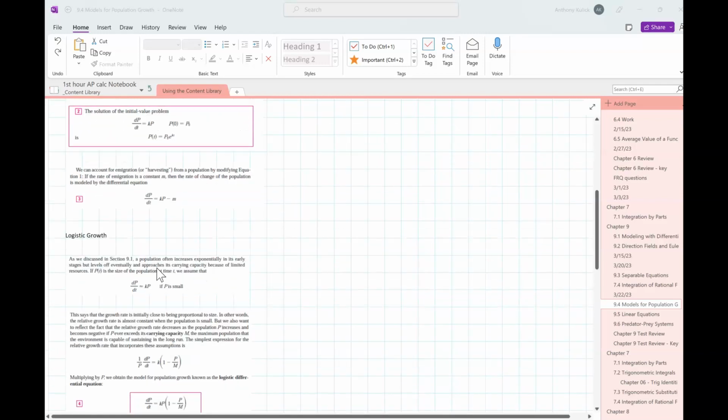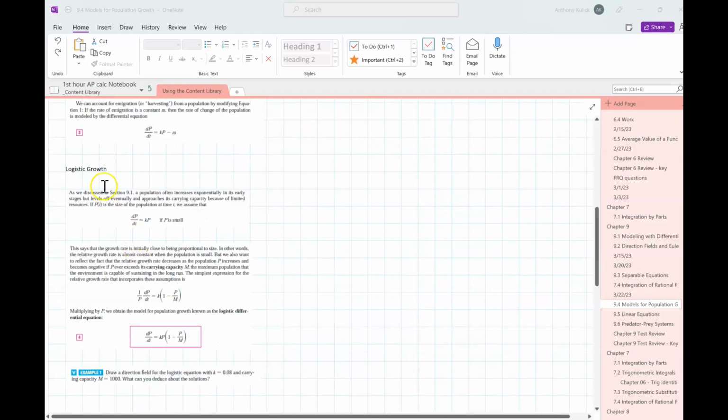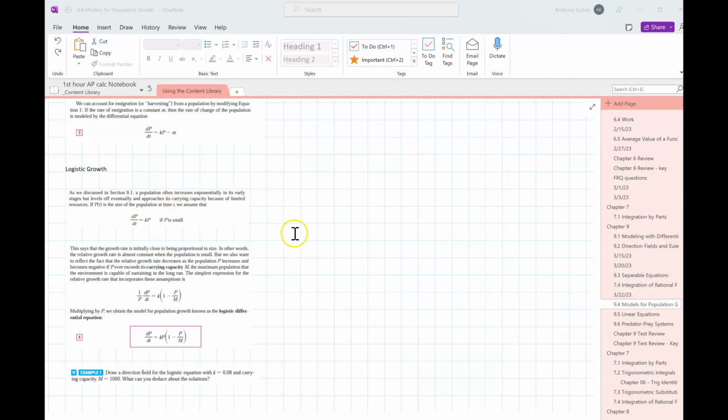The other type of growth that we talked about in 9.1 was logistic growth. So in that situation, for logistic growth, we remember that the population change should be close to exponential when the population is small. But I want that population curve then to level off when we get close to what we call the carrying capacity.